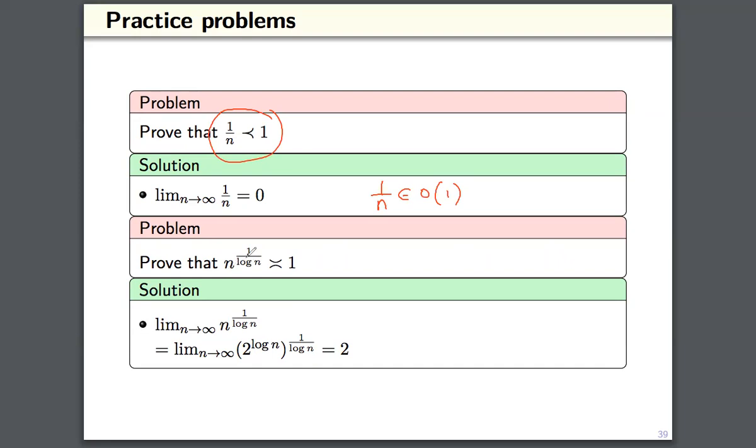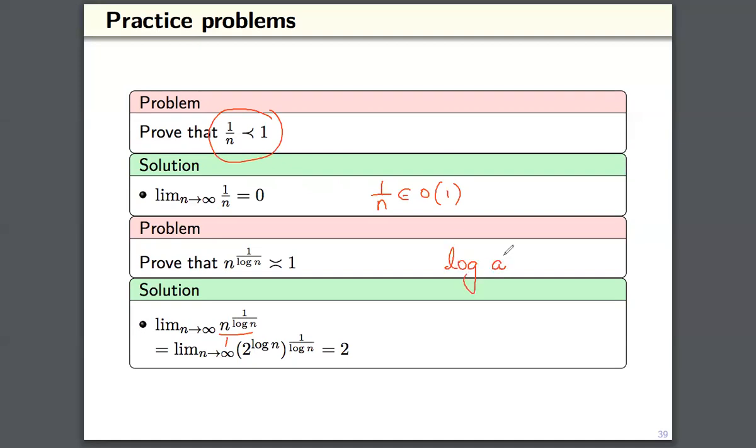Okay, so how do you show that n power 1 by log n is asymptotically equal to 1? So apply this: the first function divided by the second function. Second function is anyway 1. So you have n power 1 by log n. You should know some rules of log also.